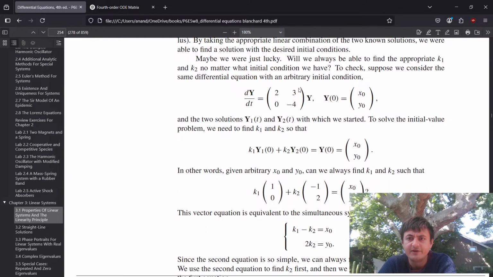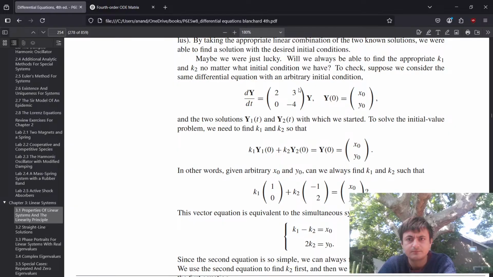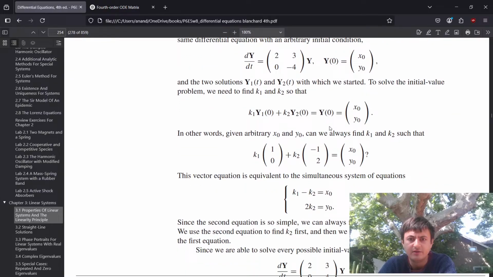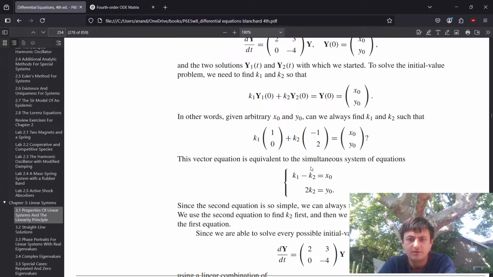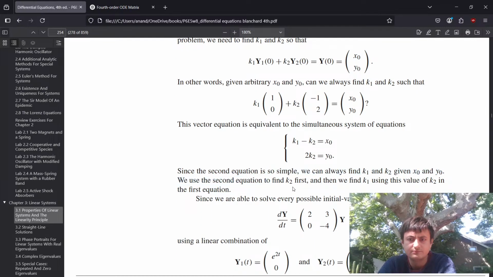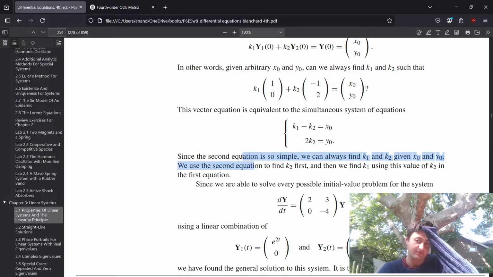Will we always be able to find the appropriate k1 and k2? To check, suppose we have the same differential equation with arbitrary initial conditions. The second equation is so simple, we can always find k1 and k2.